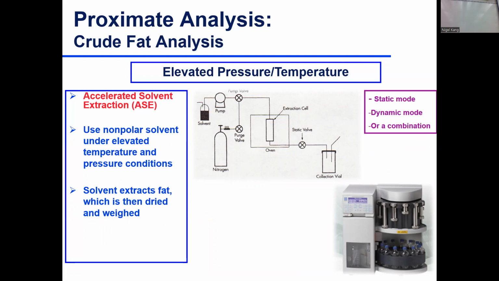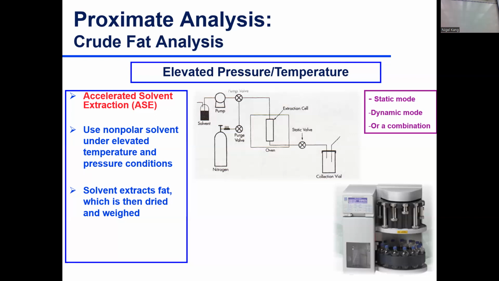The solvent gets to the extraction step, in which we have our sample. So again, we have high pressure. High pressure increases the boiling temperature of the solvent. So the solvent doesn't evaporate easily because of high pressure.